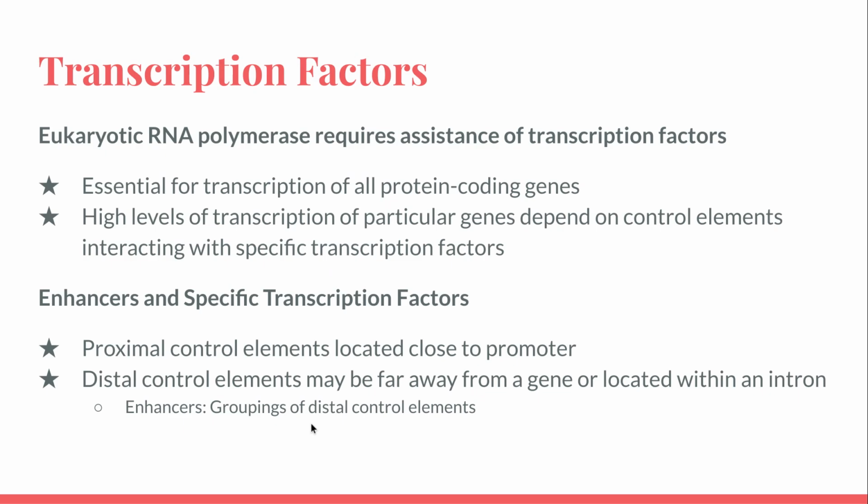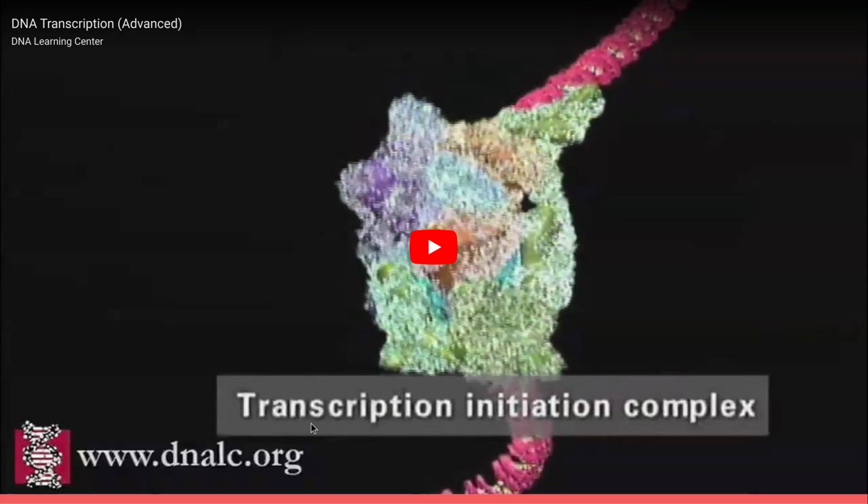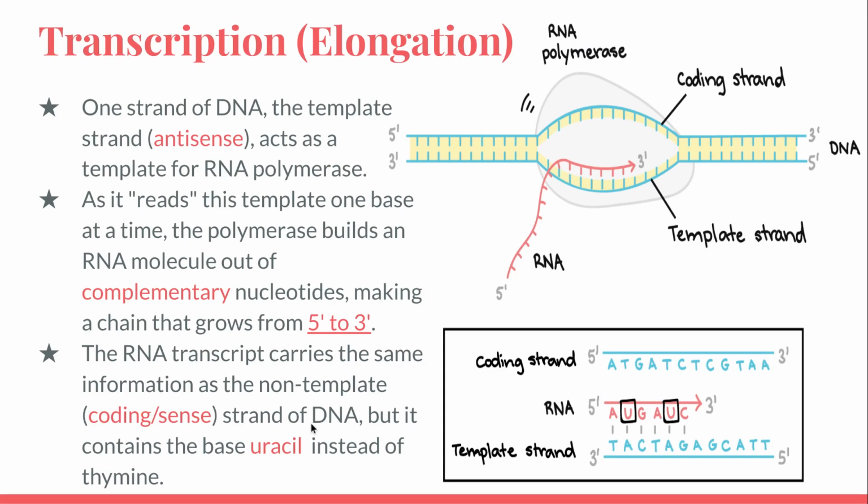The others are enhancer sequences, which are a collection of distal elements that can bind to proteins called activator proteins, and activator proteins can help with the assembly of the transcription initiation complex and cause RNA polymerase to move forward. You also have repressors in eukaryotic systems that block the transcription process.